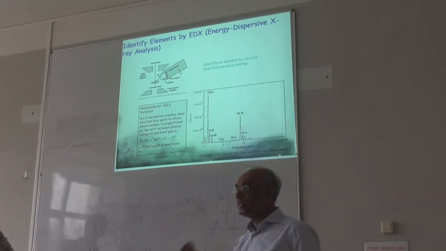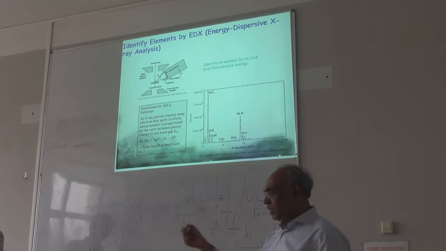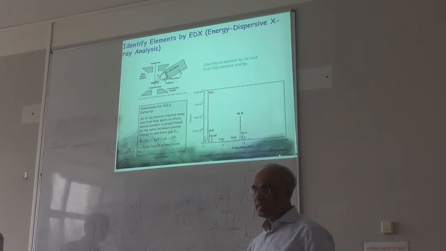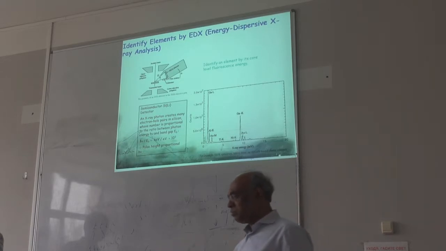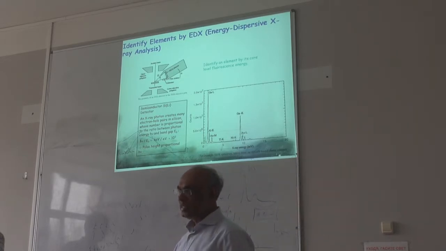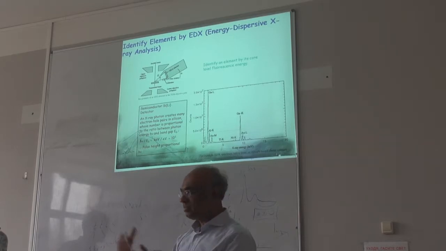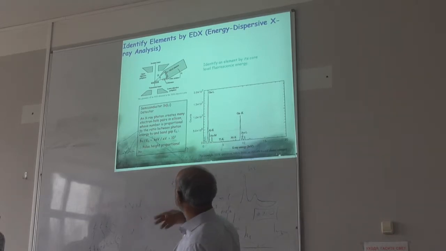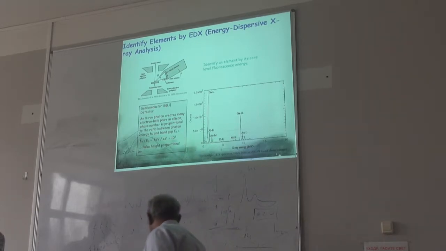With this you can easily tell what kind of elements are there. Suppose you make some carbon structure, sometimes you may have some impurity, right? If it is maybe some boron or oxygen or phosphorus, we can look at those things using this EDAX.